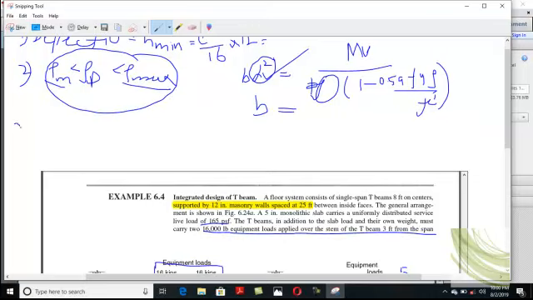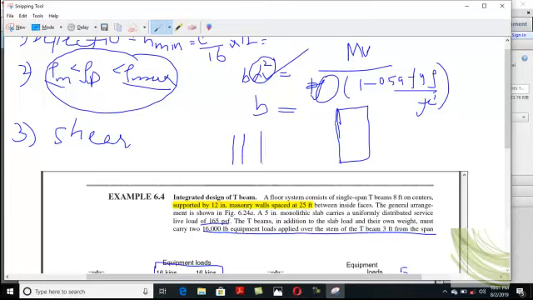And the other criteria is shear criteria. So in this, basically you need a sufficient depth to support shear. Because if you are providing stirrups, there are restrictions on stirrups, that your stirrups must not be placed more than 3 inches or 4 inches or 2 inches.